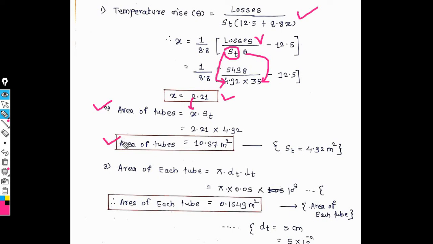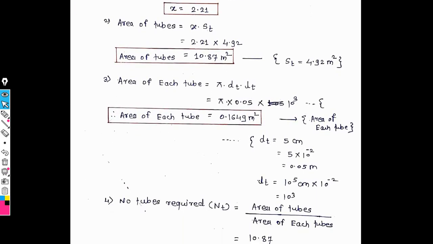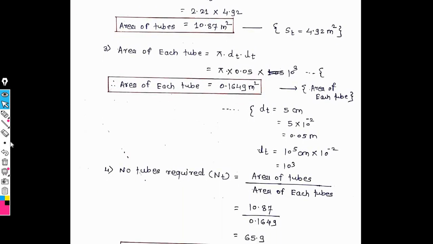Next calculate the area of each tube. The formula for each tube is pi into d L. This is the diameter of the tube, already given, then the length of the tube. The diameter dt is given as 5 centimeter.